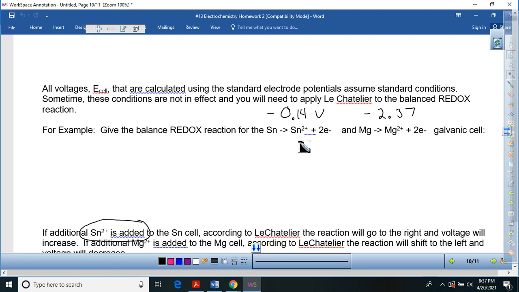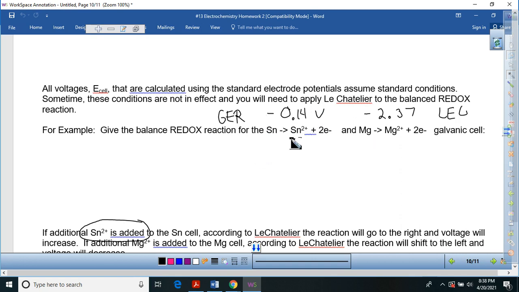So the tin has a greater number, that means a higher value than magnesium. So that tells us that the tin is being reduced. It's more likely to be reduced because it has a higher reduction potential. The magnesium is more likely to be oxidized because it has a lower reduction potential.